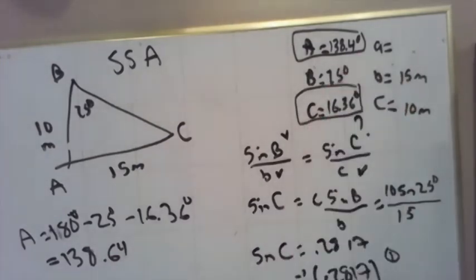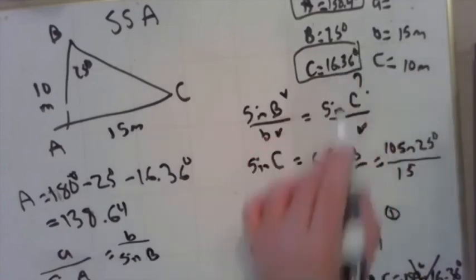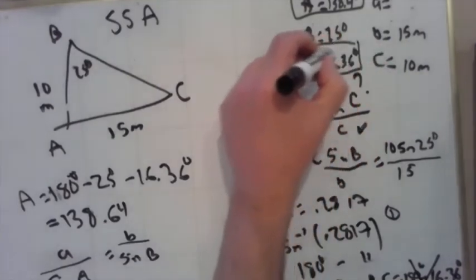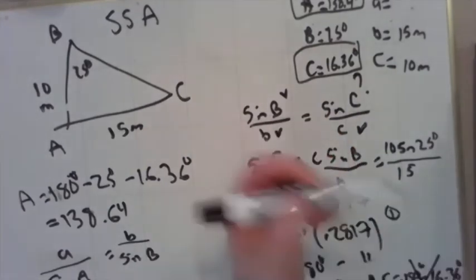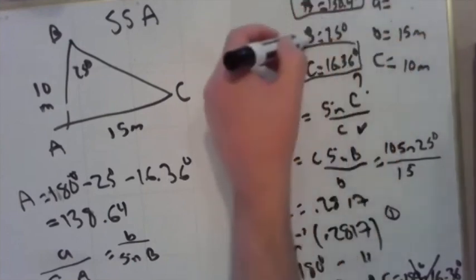Now we got to find side A. We cannot use Pythagorean because this is not a right triangle. But we could do, I'll write it the other way. A divided by sine of A equals, B has prettier numbers, so I'm going to use him. I could have used C. Keep in mind though that this was an approximation. So if we use that, that approximation error will compound and our next answer will be even more of an error. So it's better to go back to the exact numbers anyways.